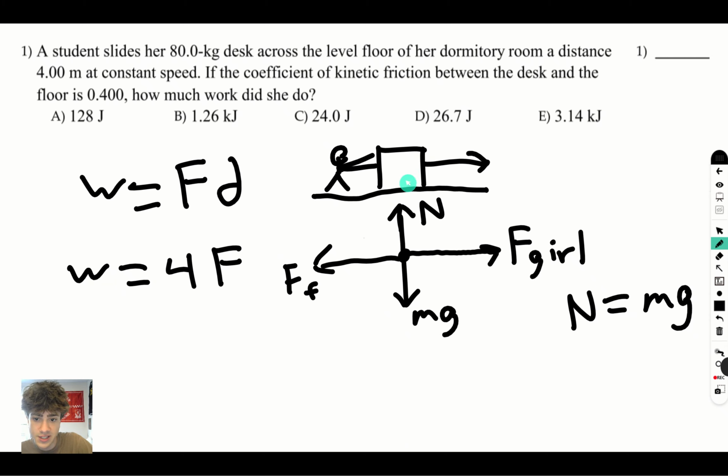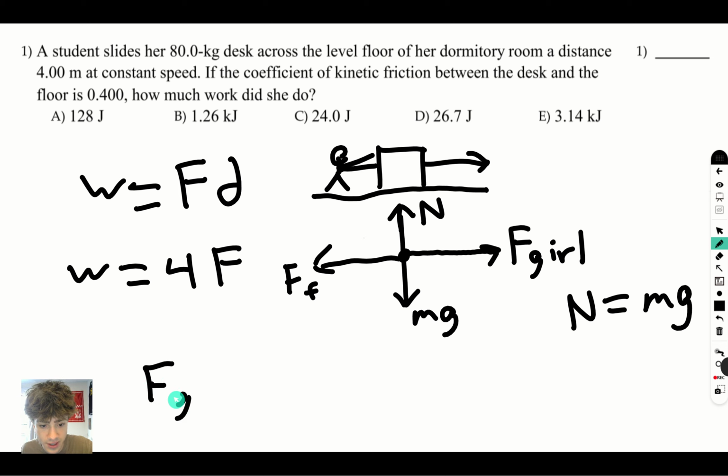So if the net acceleration of the box is 0, that means the net force on the box is also 0, because our force equation is mass times acceleration, meaning that if our acceleration is 0, our force has to be 0 as well. So that means that F girl is going to be equal to the frictional force.